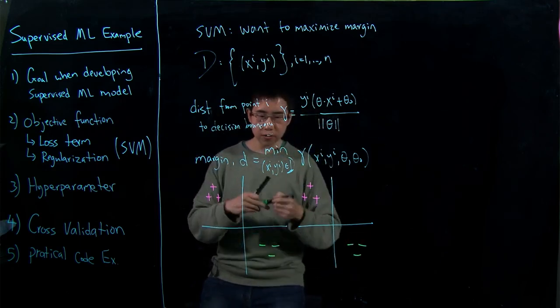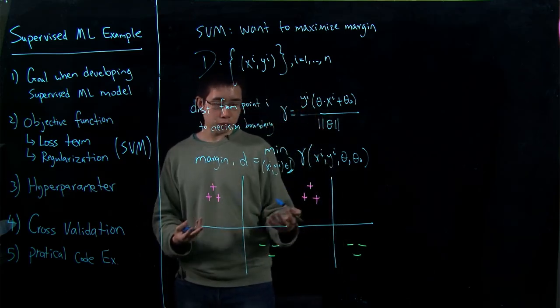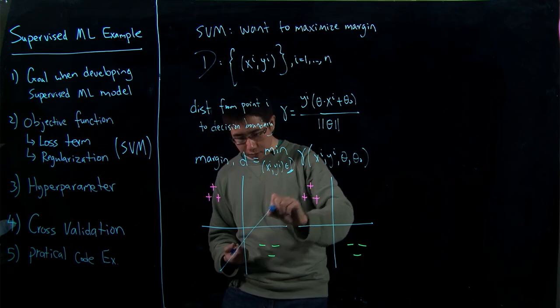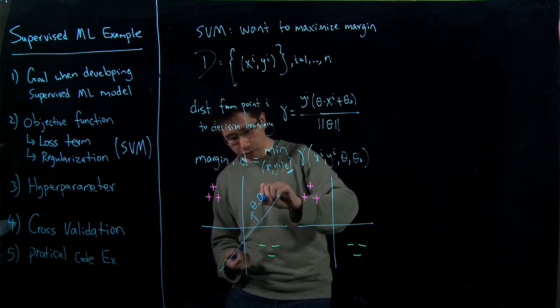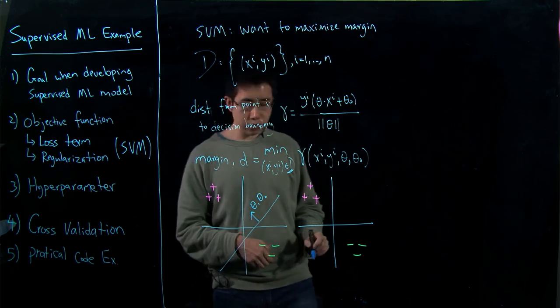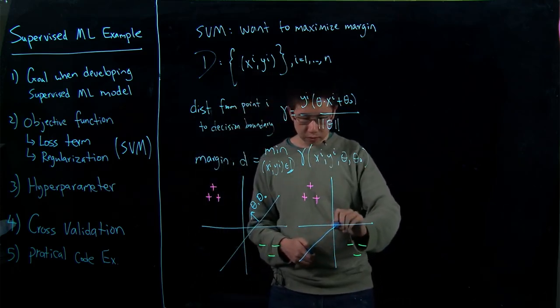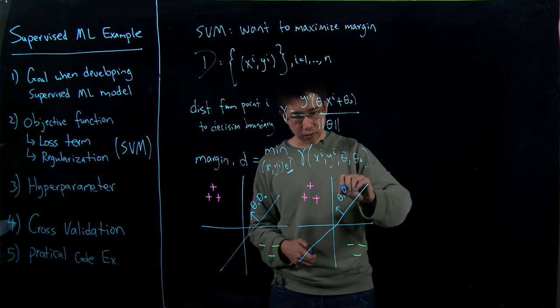So this is a very simple classification problem. Now let's look at two decision boundaries. Let's have one be like this, with some theta, theta naught. And let's have another one be slightly different, like this, with some other theta and theta naught.